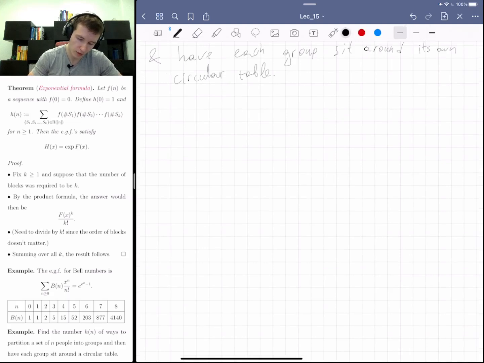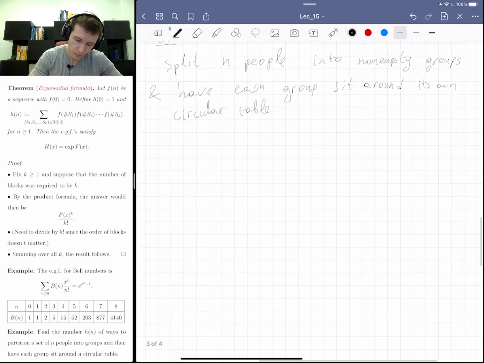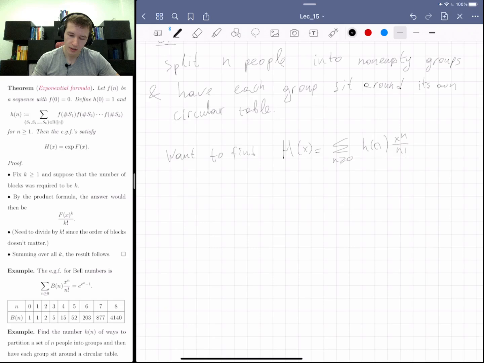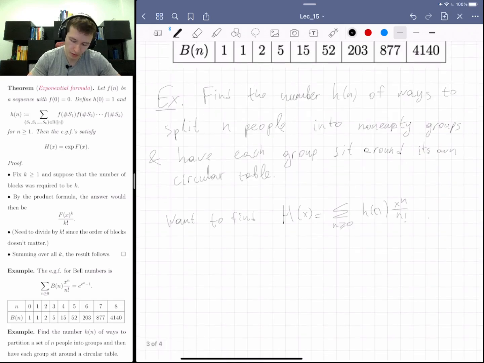What I'm going to do is first find the exponential generating function, the sum of h of n x to the n over n factorial. To do that, I'm going to need to apply the exponential formula.